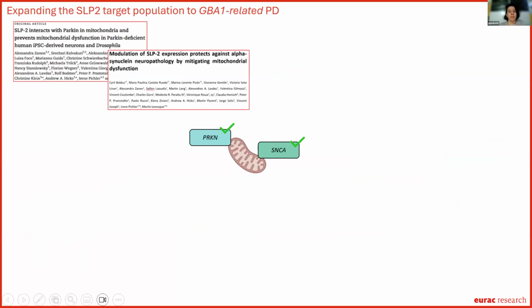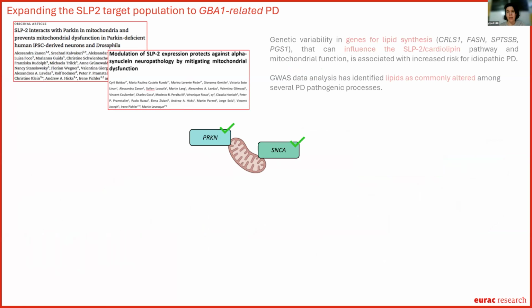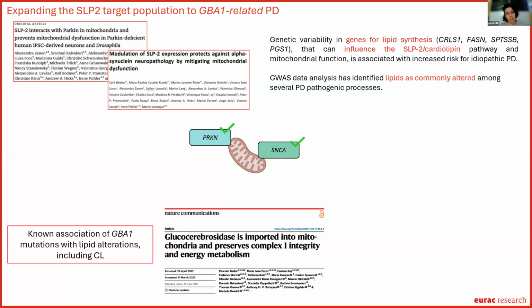So, given the positive results we have on rescuing mitochondrial functionality in these two different Parkinson's disease models, and given that we now have a lot of data indicating that genetic variability in a series of genes that encode for lipid synthesis and can influence this pathway is associated with an increased risk of PD, we want to expand the target of this SLP2 modulation to also GBA1, which, as you know, is associated with different alterations in lipid classes, including cardiolipin.